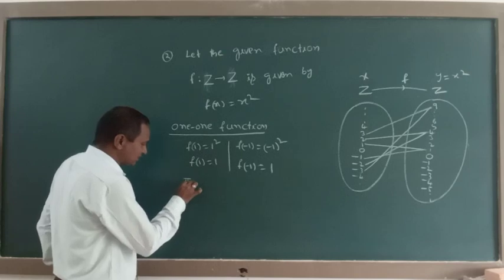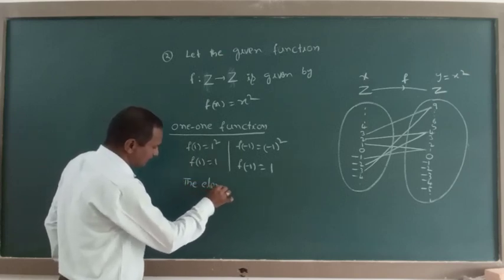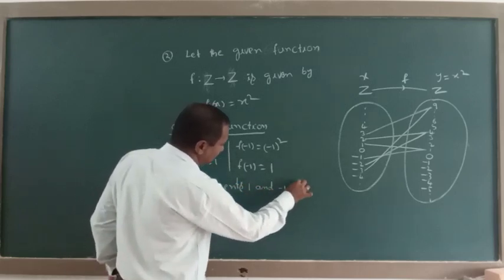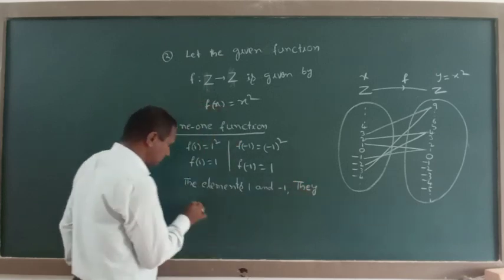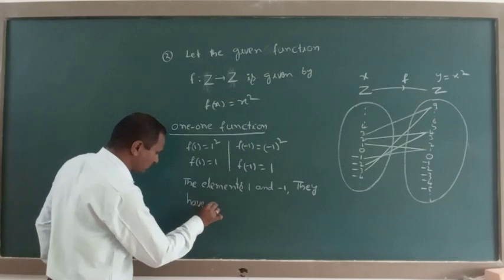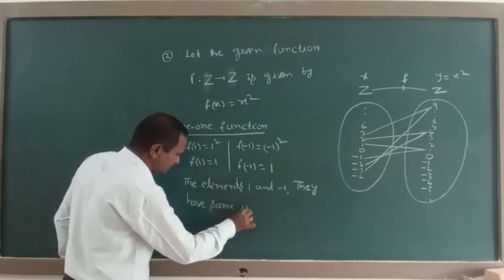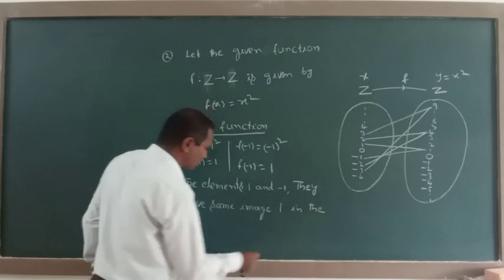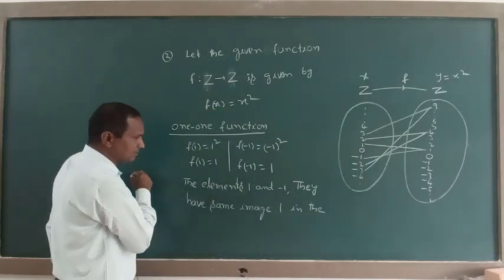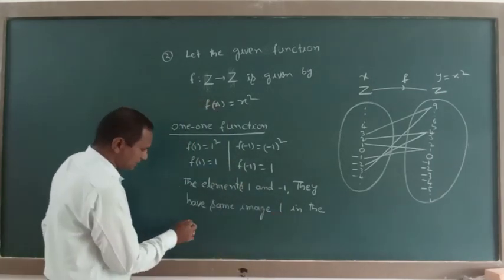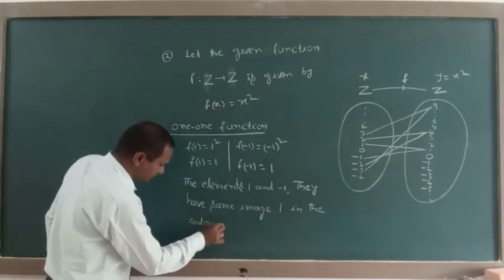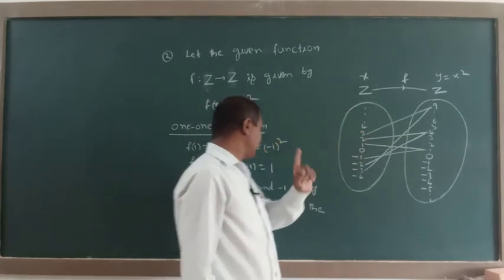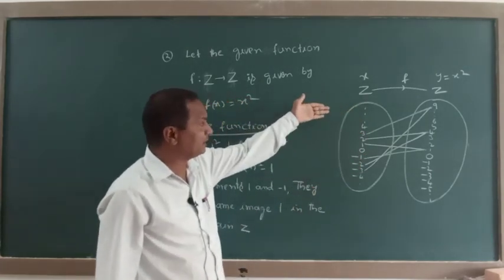The elements 1 and -1 have the same image, plus 1, in the codomain Z. The elements 1 and -1 of domain Z are already diagrammatically represented.